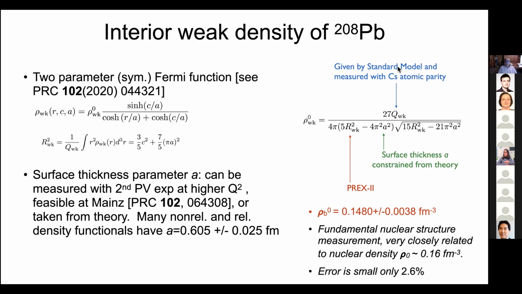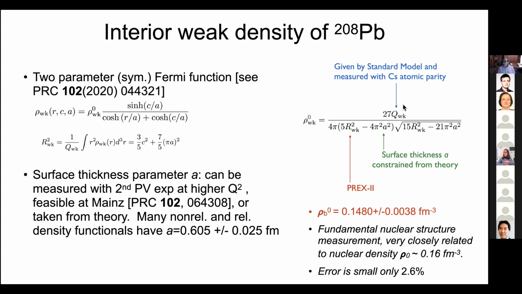The atomic cesium parity experiment has measured the weak charge of cesium to 0.3%. So not only is the weak charge given by the standard model, but atomic parity has confirmed that.